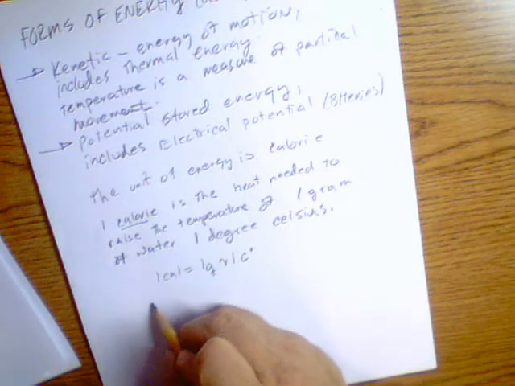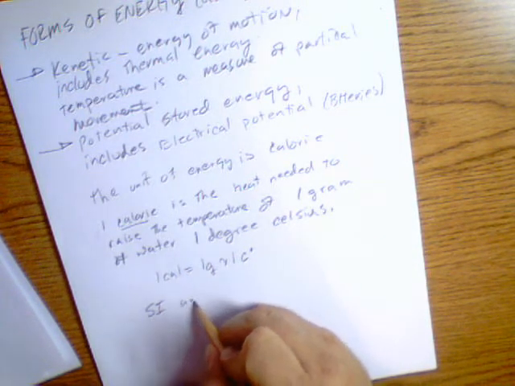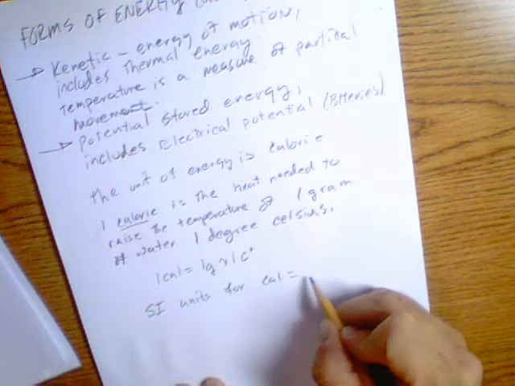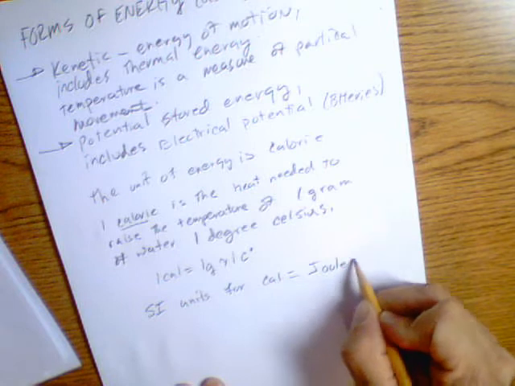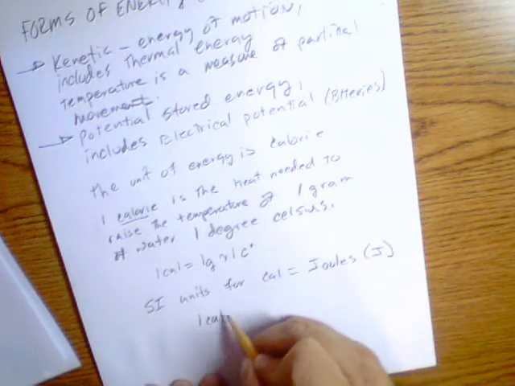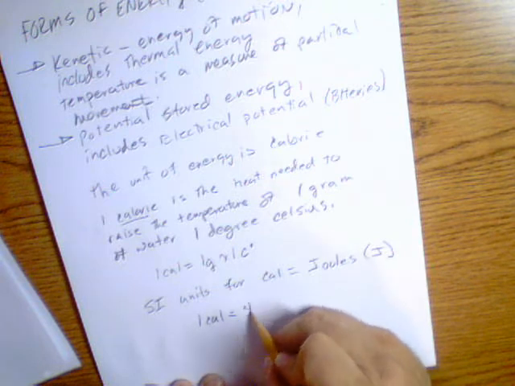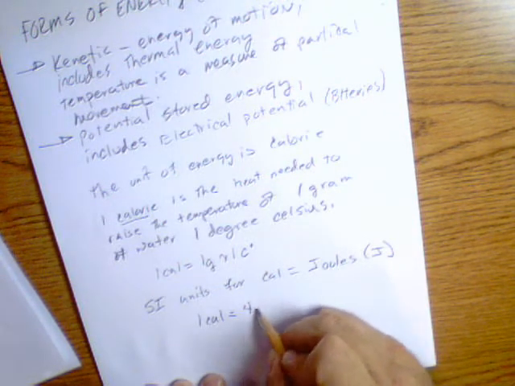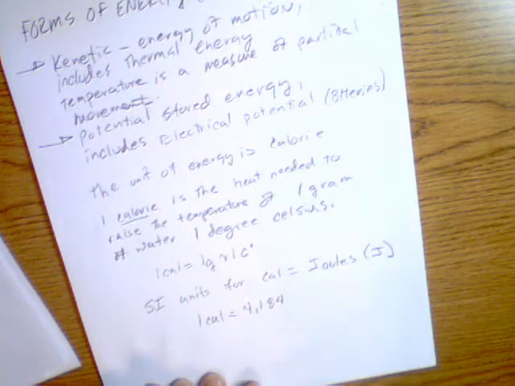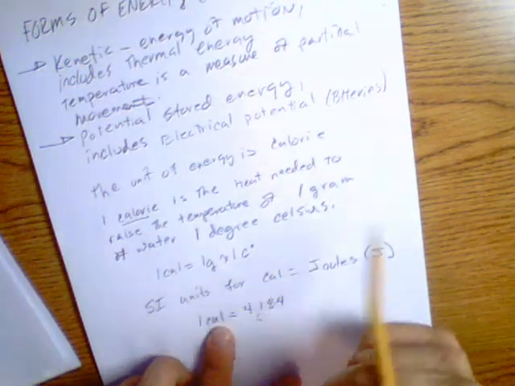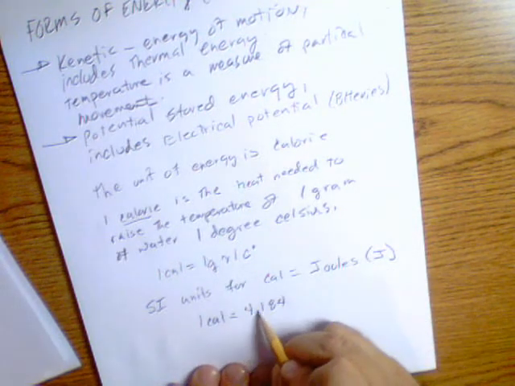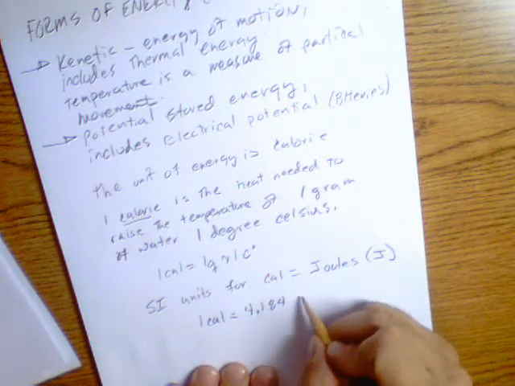The SI unit for energy is the joule. So 1 calorie equals 4.184 joules.